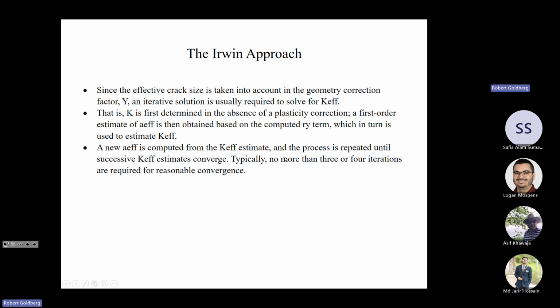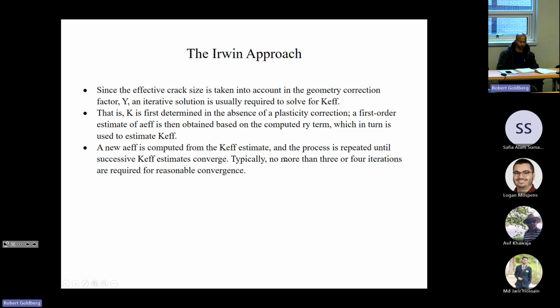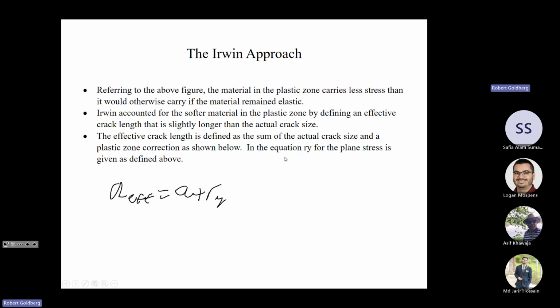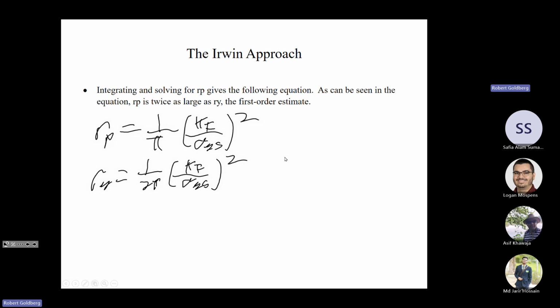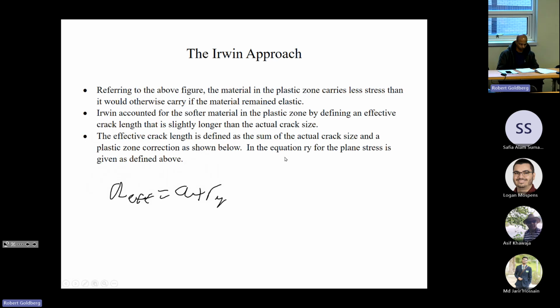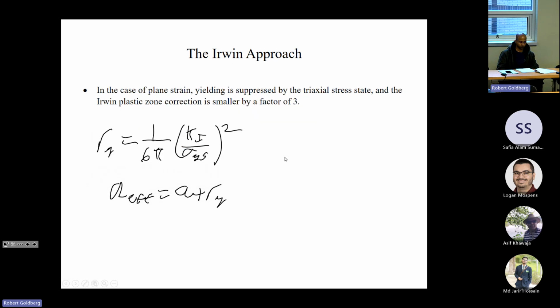Then you get a first order estimate of your effective crack length, because you compute your R sub y based on your original stress intensity factor, and once you compute your R sub y, you can compute an effective crack length.